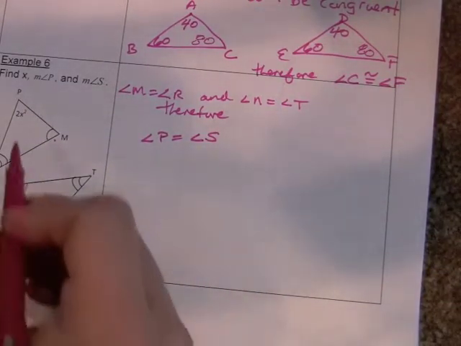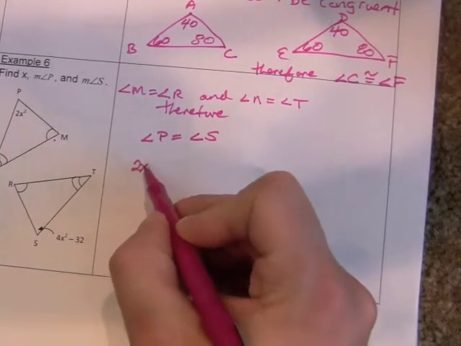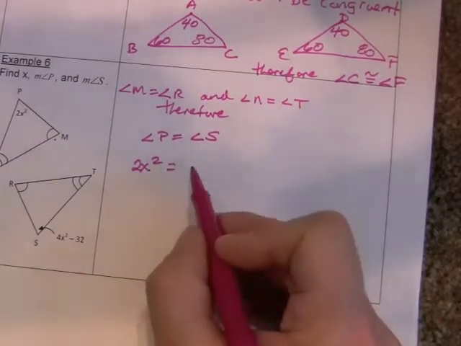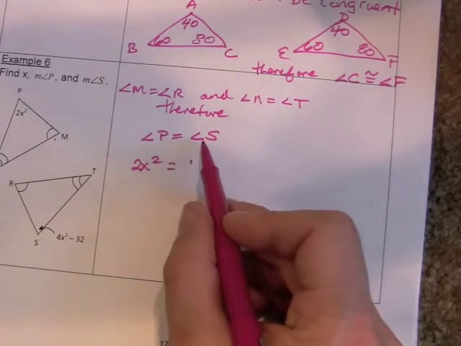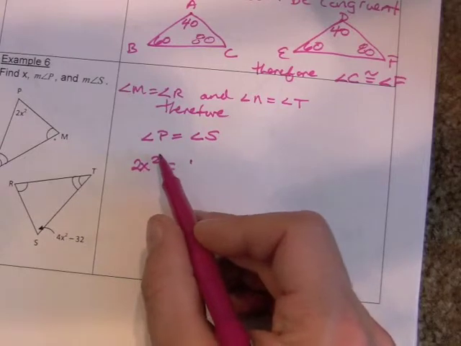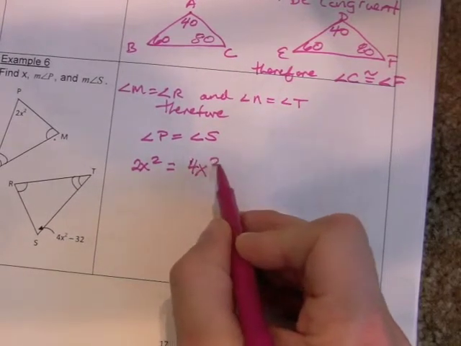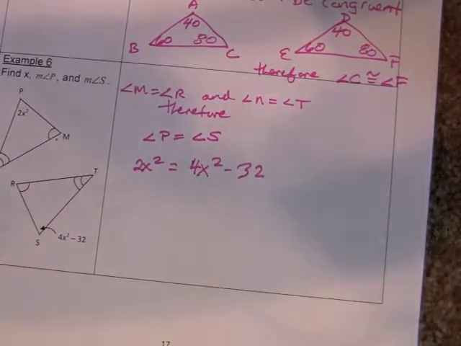So all I gotta do is set angle P, which is 2x squared, equal to angle S, which is 4x squared minus 32.